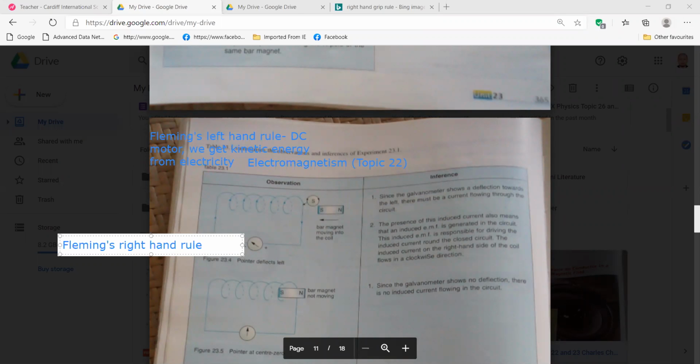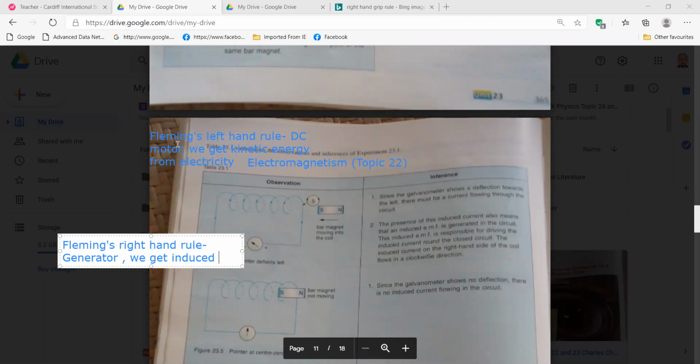Fleming's right hand rule we are using for generator. That is opposite, we get... We are discussing the difference between Fleming's left hand rule and Fleming's right hand rule.